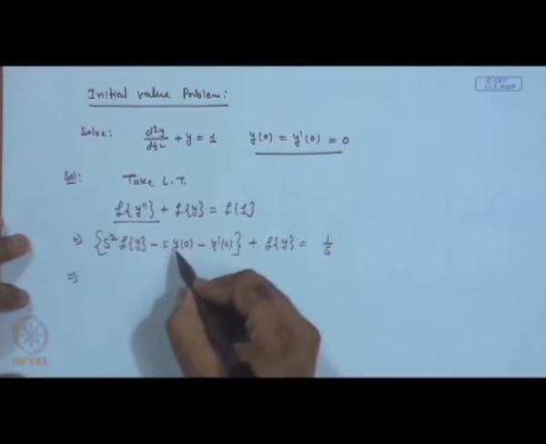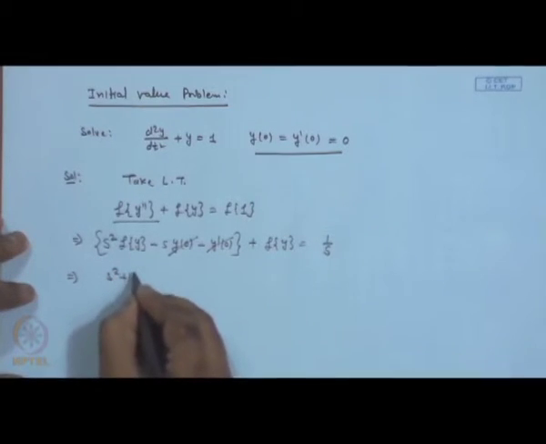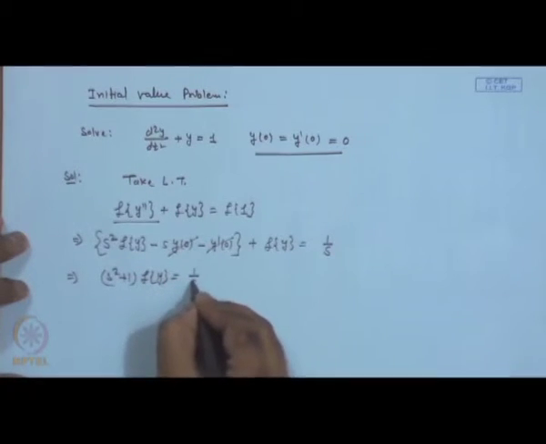Here these terms are gone because y(0) is 0 and y prime(0) is also 0. So, we have simply (s squared plus 1) times Laplace of y equal to 1 over s.